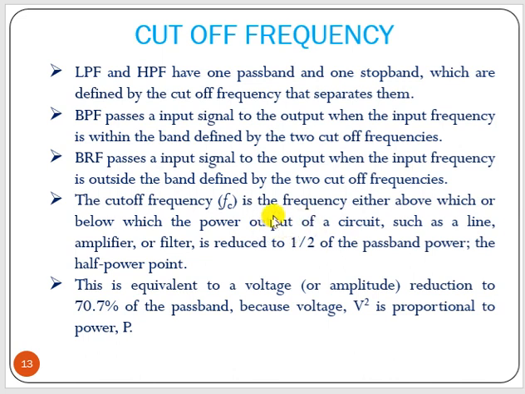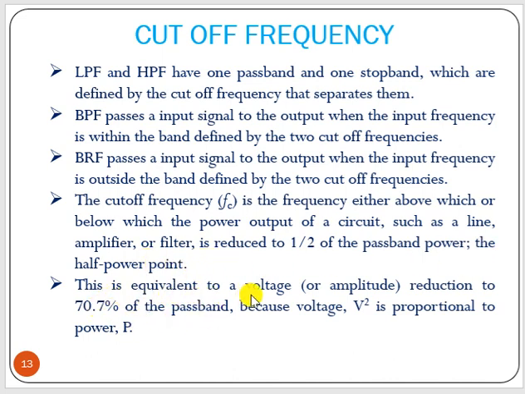The cutoff frequency is the frequency either above which or below which the power output of a circuit, such as a line amplifier or filter, is reduced to half of the passband power. This we have already seen in the case of the resonance circuit, and that is called the half power point.